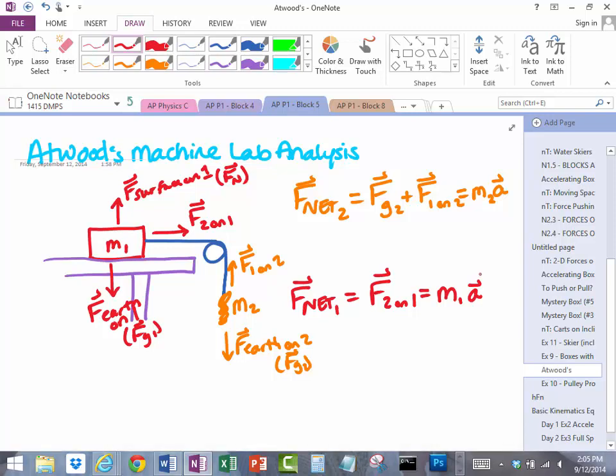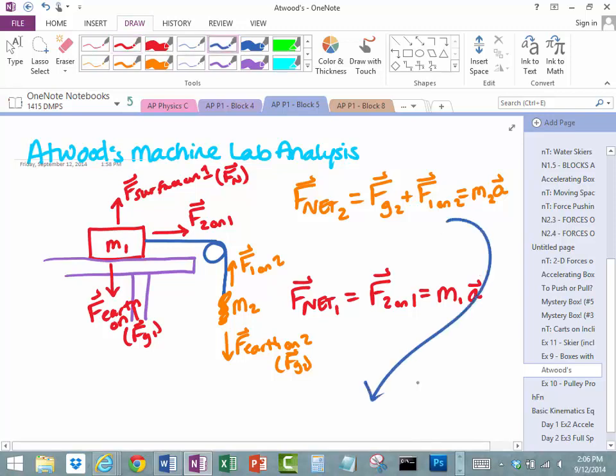So we wanted to know something about time. Time may be related to acceleration. We're trying to get a relationship between M2, which lives here and here, and the acceleration, right? And instead of writing F2 on 1, here we could write M1 times A. I'm going to go ahead and plug that in. So I'm down here.